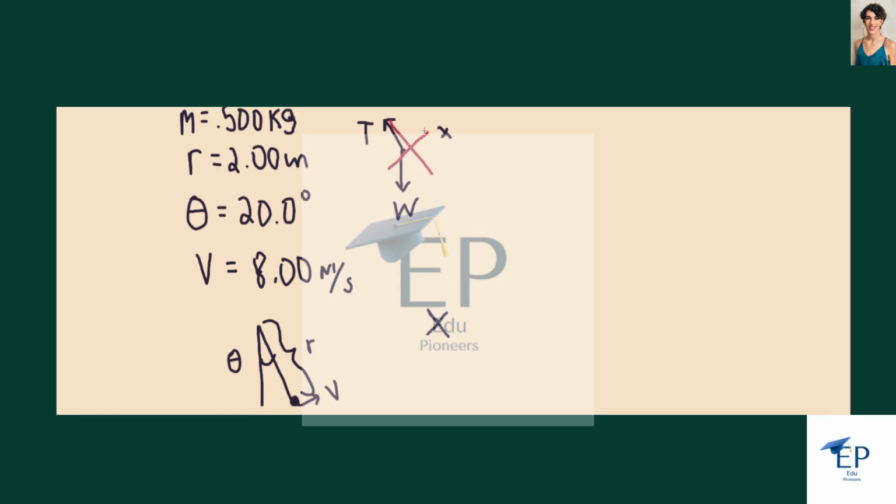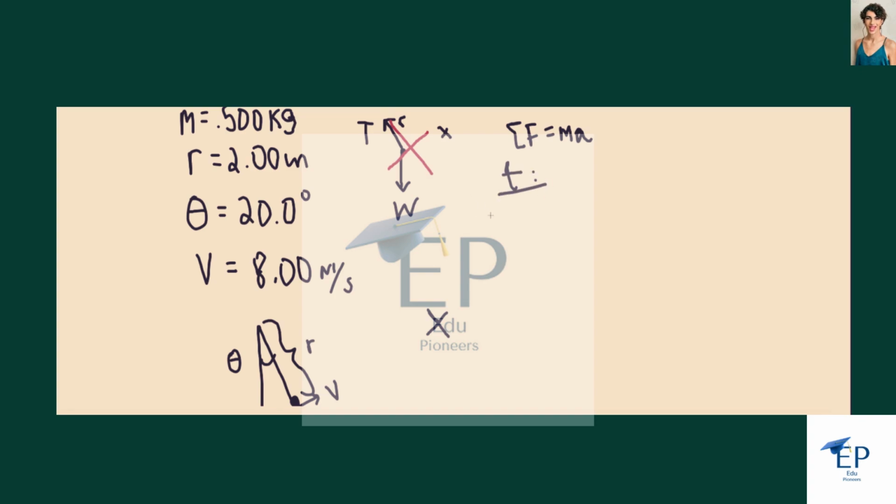And I've never done that before, but let's do it. So we want to do the sum of the forces is MA. And so which one's easier? Let's do tangential. Not sure if it's actually easier.